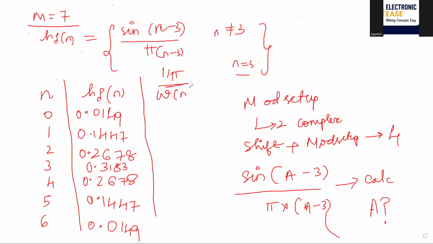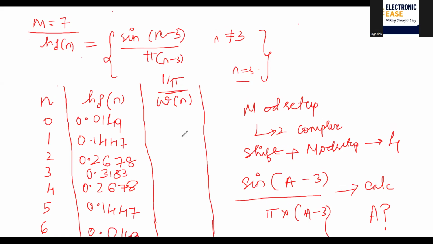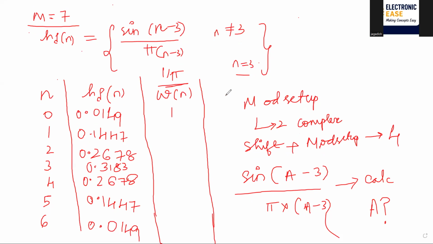So you have to find out the omega of n. For a rectangular filter, the omega n value will always be equal to 1, students. There is no formula, it's just 1.